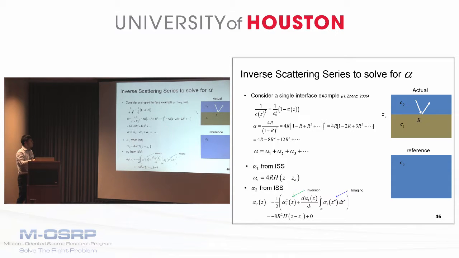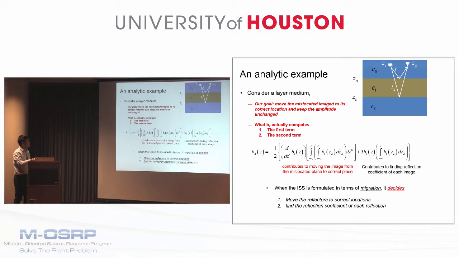However, when it is formulated in terms of the migration result, it decides to move the reflector to the correct location with this part, and find the reflection coefficient of each reflection. It is very interesting to see how the ISS, through this simple example, communicates to us what it actually wants to compute.